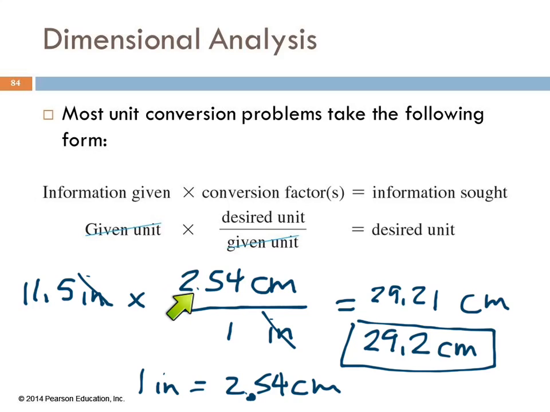This is one of those weird conversions that's exact. So this 1 inch is exactly 2.54 centimeters. Our starting number had 3 sig figs, and so our ending number ends up with 3 sig figs. So I got rid of the 1. Any questions?